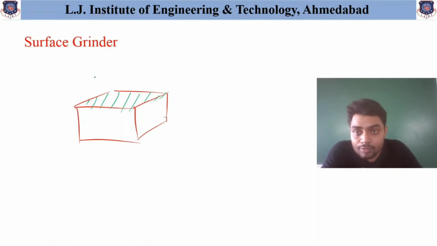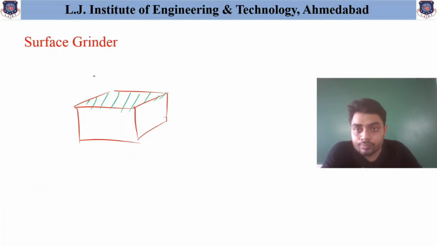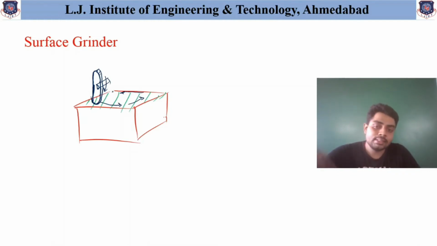Suppose we are using this type of grinder, rotating about its periphery, and we move this grinder across the surface of this component. What do you think, may it be helpful for finishing? Let us take a second example.